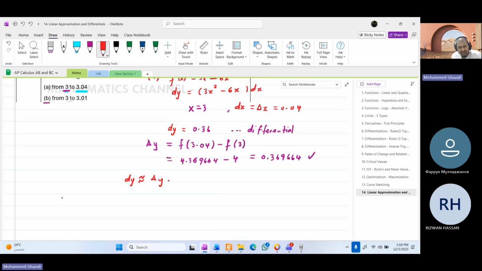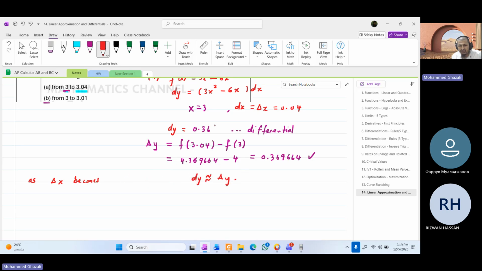We're supposed to say as delta x becomes smaller, dy will become approximately equal to change in y. You're supposed to work out the second one as well.